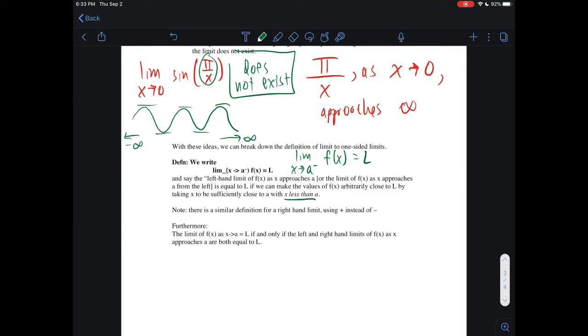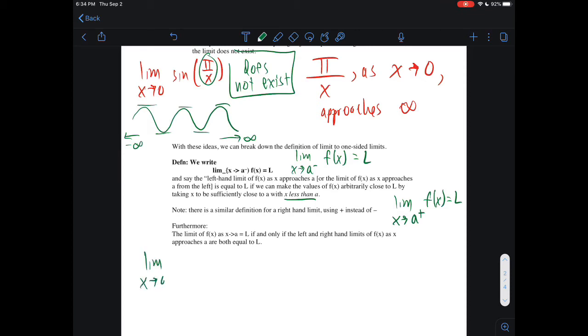There is also a similar definition for a right-hand limit, just essentially using a superscript of a plus. And really what this comes down to is just recognizing the notation and how that relates to a left-hand or a right-hand limit.